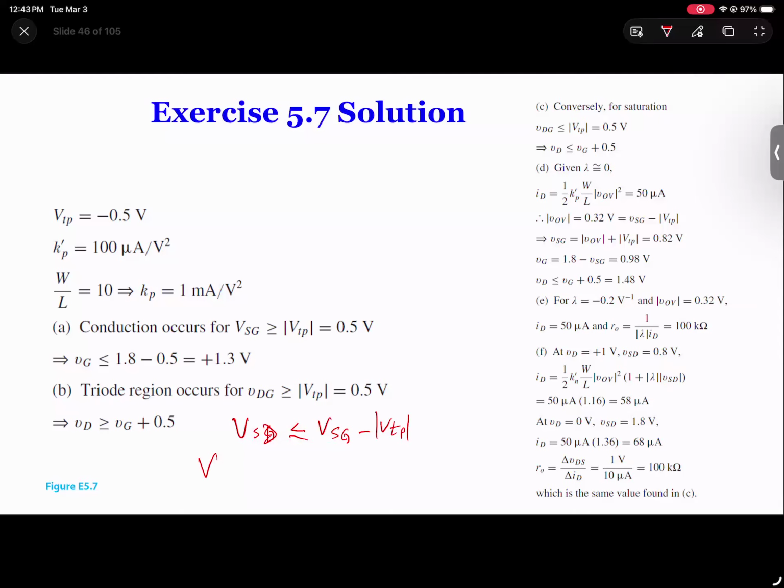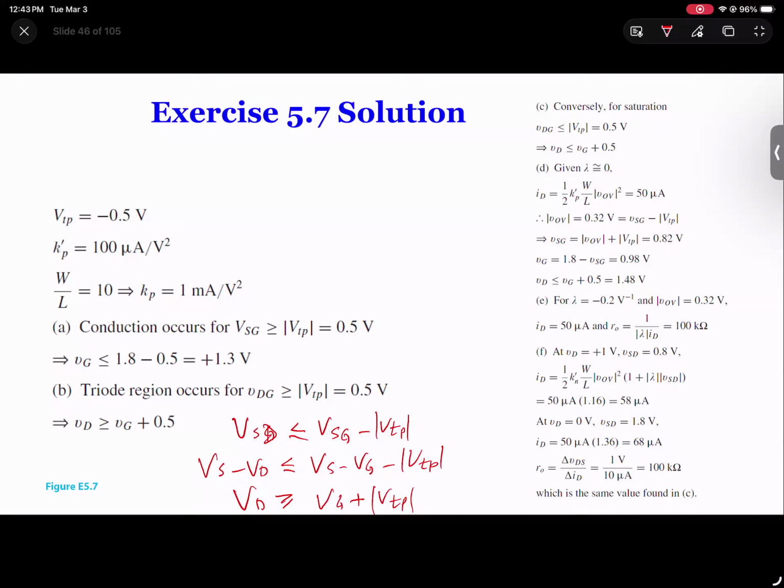So VSD means VS minus VD has to be less than VS minus VG minus VTP. Right? So that's how we separate this VSD and VSG. So VS now cancel. We move VD on this side. So VD has to be larger than VG plus VTP. So this is that equation over here.